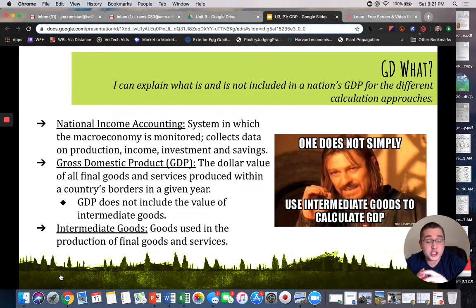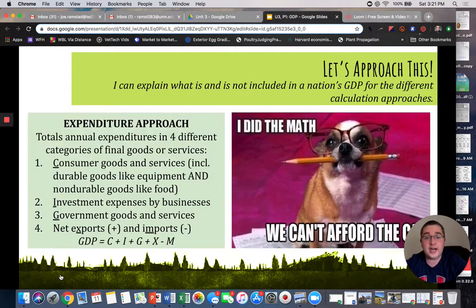Those are all intermediate goods, things that are combined to create a final good, okay? So GDP does not take into account the tomatoes that were used to make that ketchup. It only takes into account that final ketchup product when we're looking at the ketchup market, okay? Intermediate goods are used in the production of final goods and services. So it's important to know the difference between those two items.